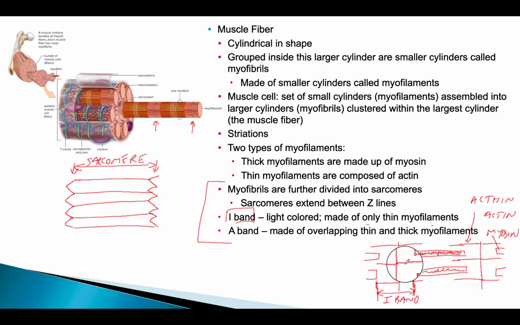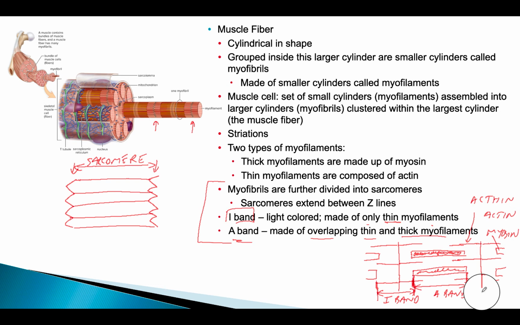Once again, it's only made out of your thin myofilaments. The A band right here has overlapping thin and thick myofilaments. From here to here, this is going to be your A band. Okay, so that is our muscle fiber.